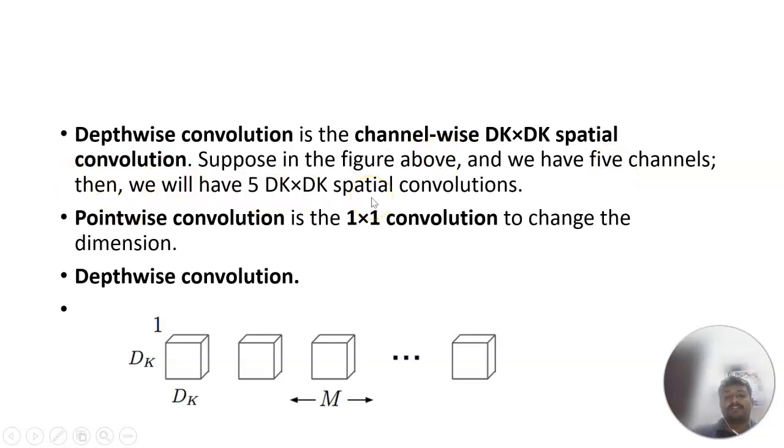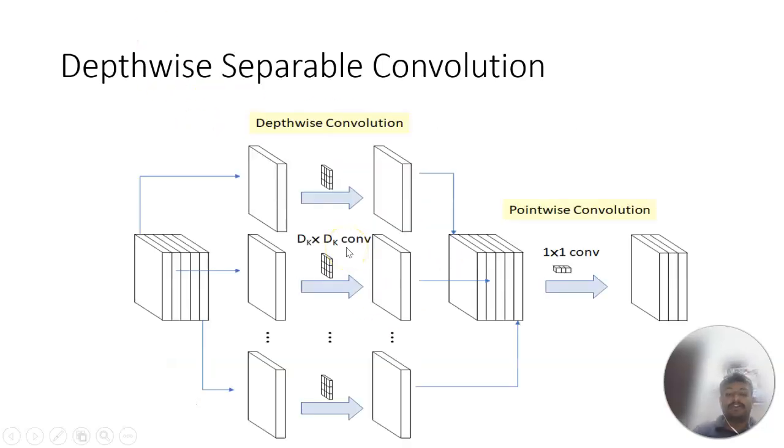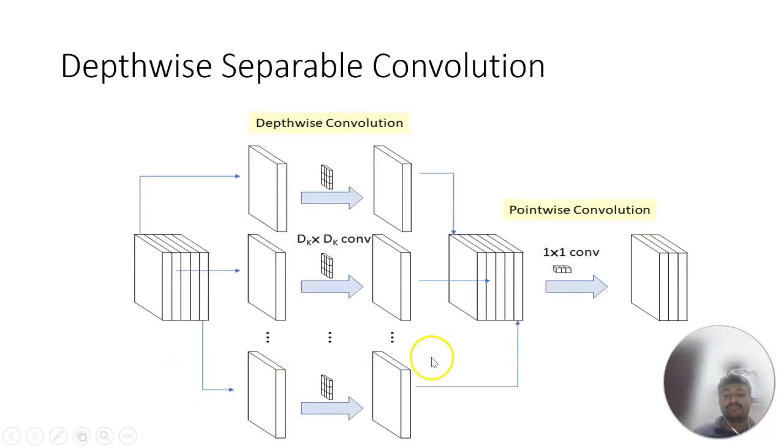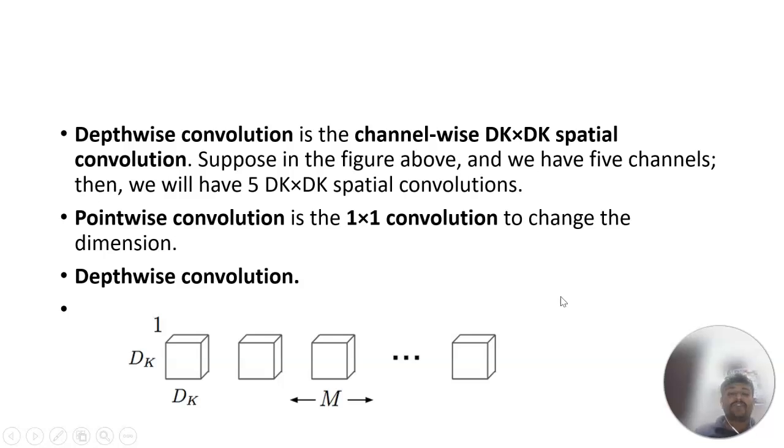Suppose in the figure we see 5 channels, then we have 5 different dk. And then we convert that into 1 cross 1. So this is the 1 cross 1 convolution. Depth-wise convolution is like this: dk into dk, then we convert it into 1.